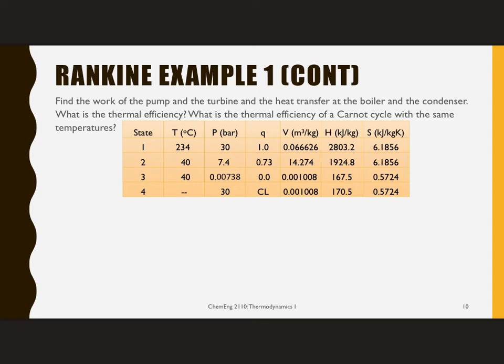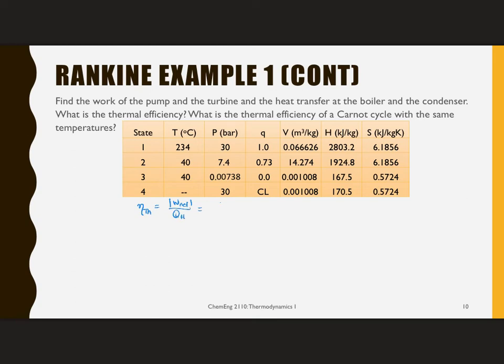Now we want to be able to solve for the work and the heat transfer. What about calculating the thermal efficiency? The thermal efficiency for a Rankine cycle or for any power cycle is the net work over the heat transfer at the high temperature.